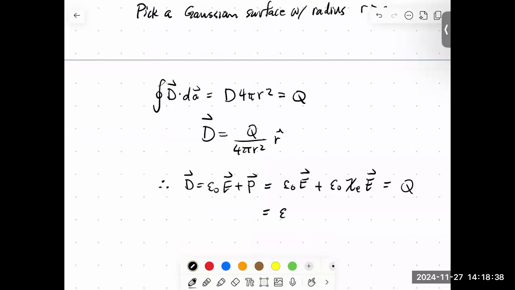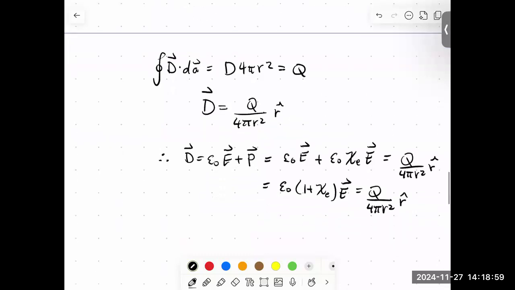So we could simplify this. We could say epsilon naught times (1 plus the susceptibility) times E is equal to Q over 4 pi r squared r hat. Sorry, I forgot my 4 pi r squared r hat. Here we go. And so this thing here is just our permittivity, right?